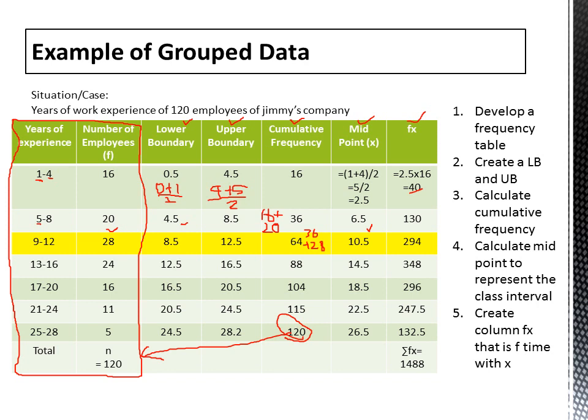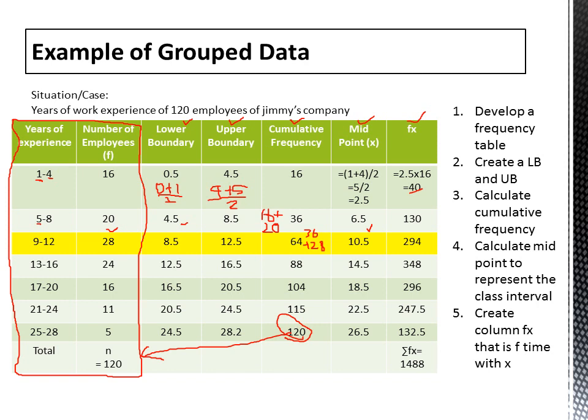The last column that you need to develop is the fx column. fx stands for frequency times the midpoint. For example, for the first row, it is 2.5 times 16, so it is equal to 40.